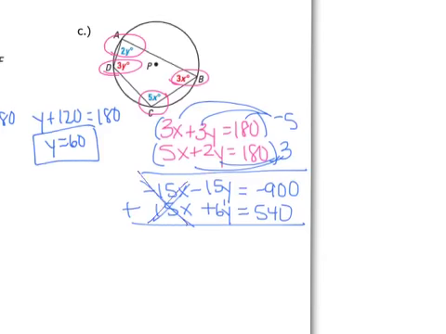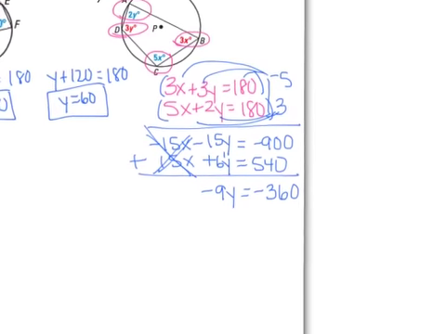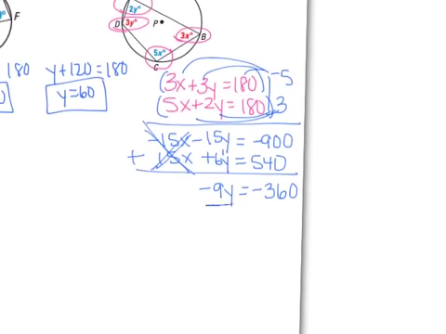We still get the x's to drop out, but now I have -9y equals -360. I can divide both sides by -9. And I get that y equals 40. So the measure of y is 40. To get our value of x, we can go back.